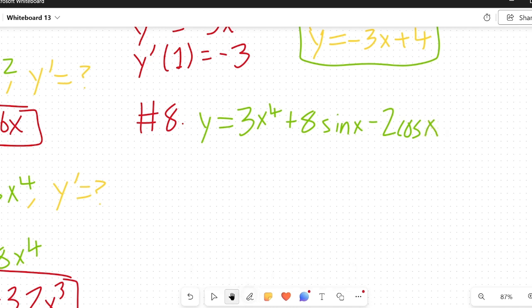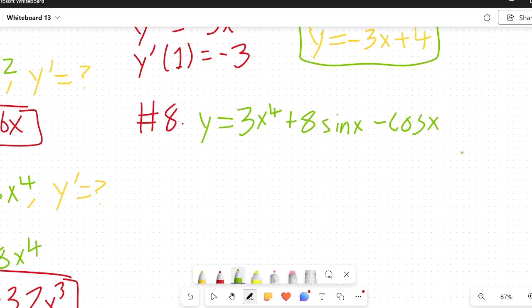Or actually, let's just make this problem interesting. Oh no, actually we can't solve that yet. We haven't learned chain rule yet, so we can't solve that. So let's do something like so, right? So y equals 3x to the 4th plus 8 sine x minus cosine of x, right?